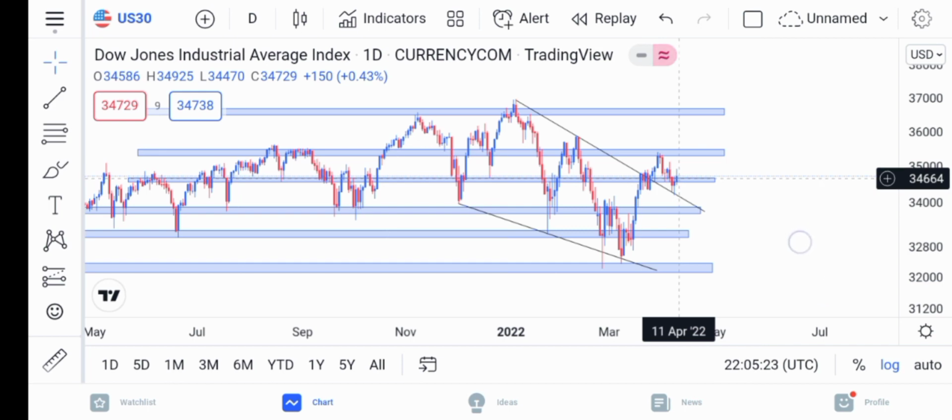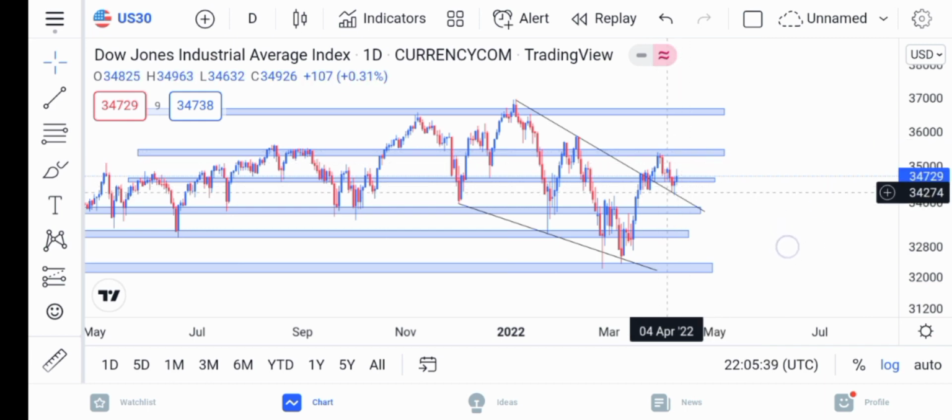Currently US30 failed to push our side, so it broke off, and now it seems like it is retesting this area here, the trend line, maybe pushing to the upside or coming back to respect the trend line over here.